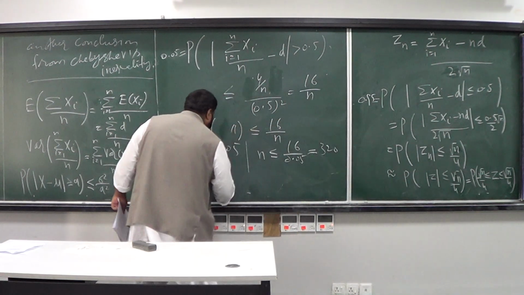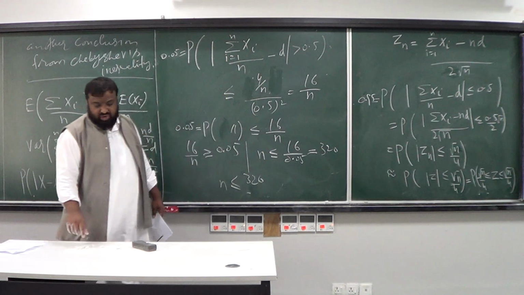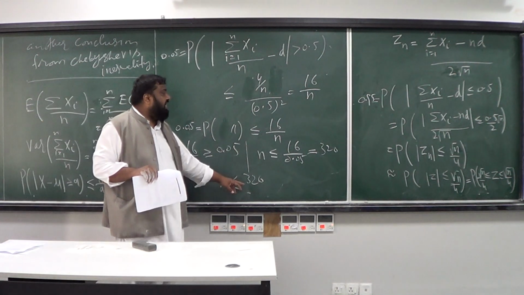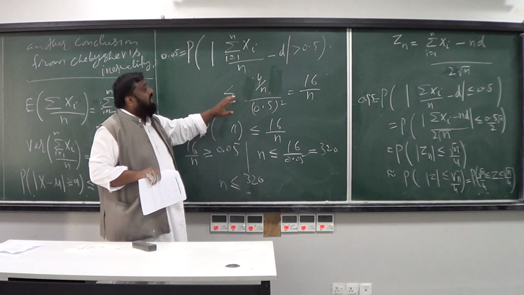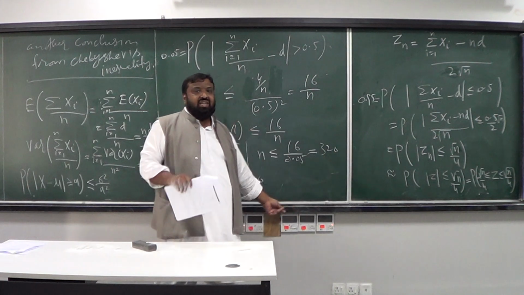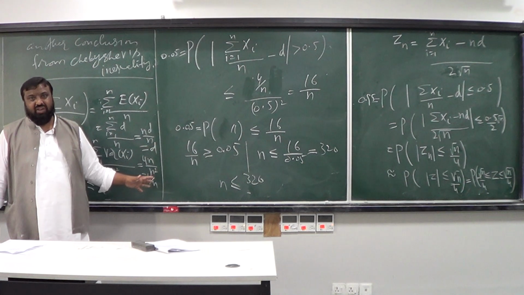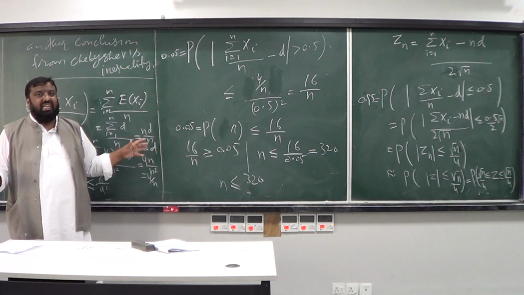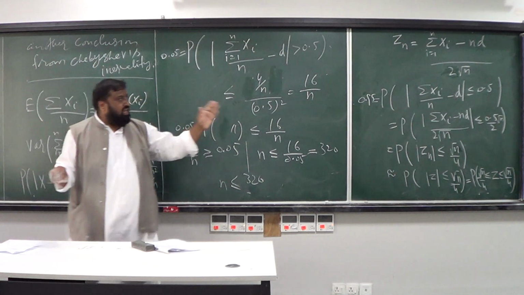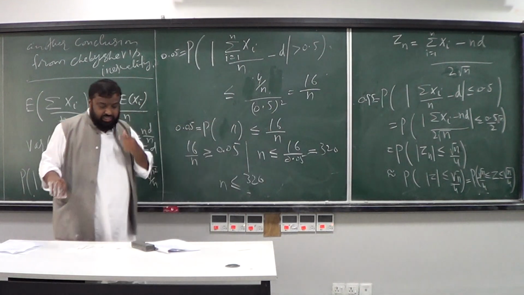So if the astronomer is making observations less than or equal to 320 and greater than or equal to 63, then with 95% confidence he can say that the distance between the observed average and the actual distance is not more than 0.5 light years.